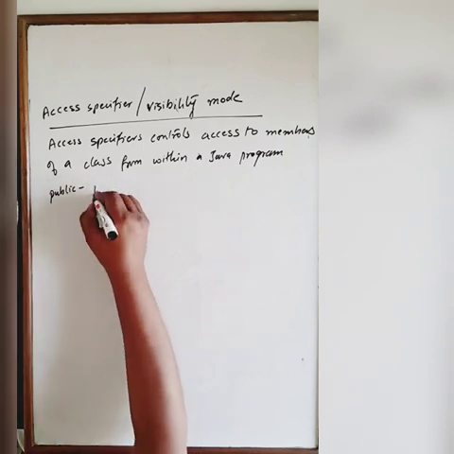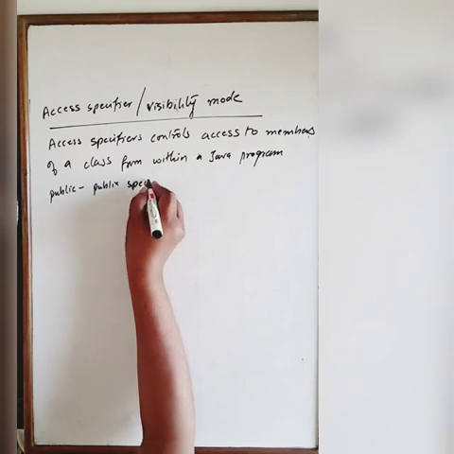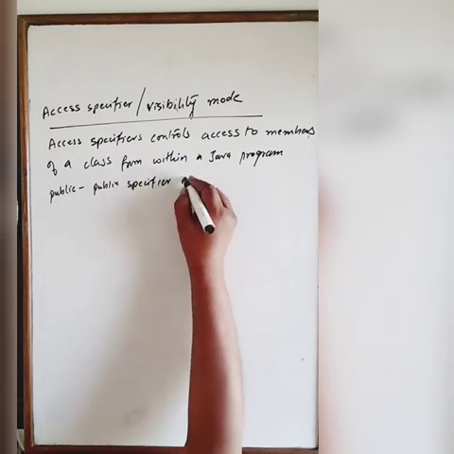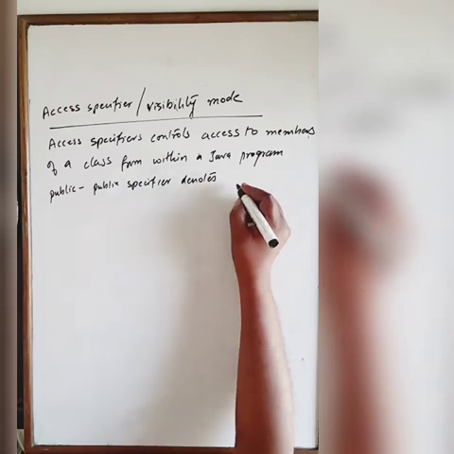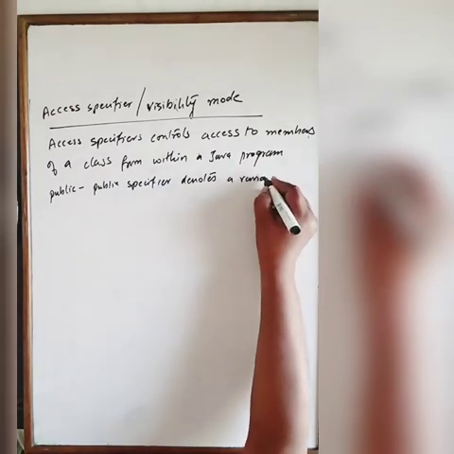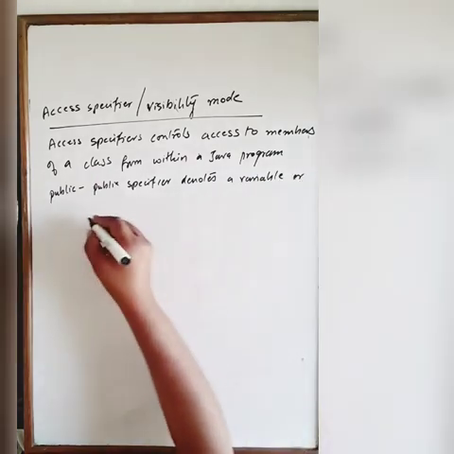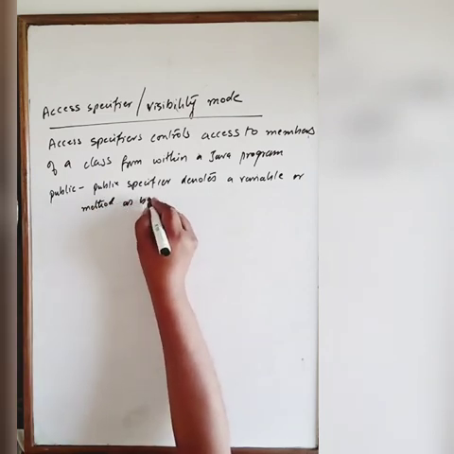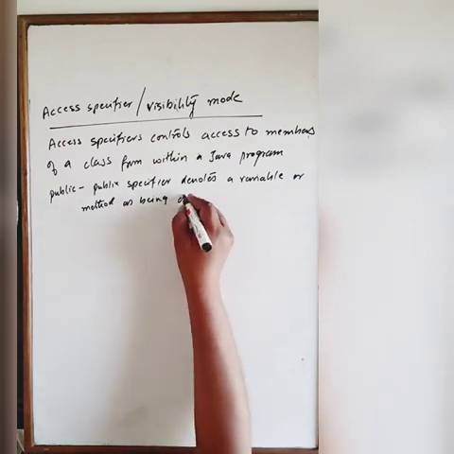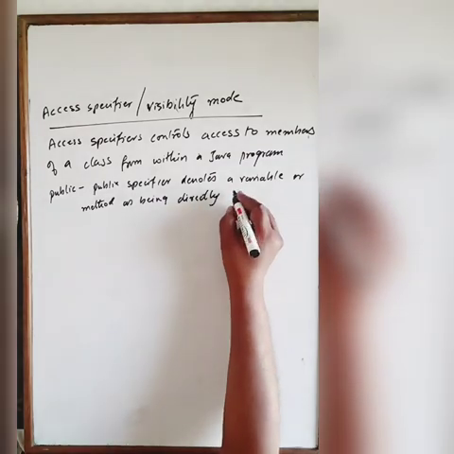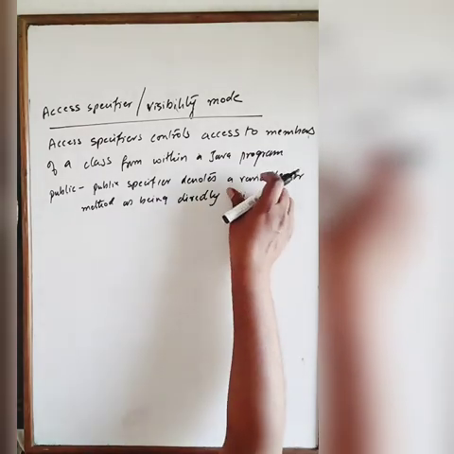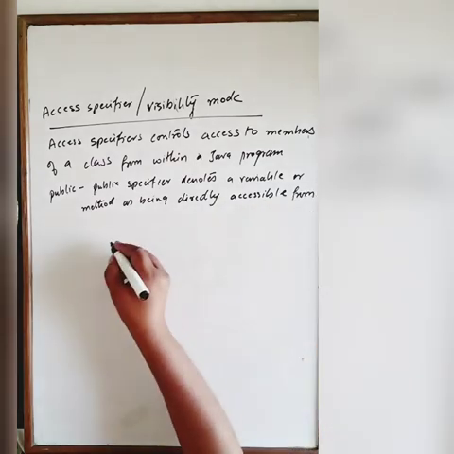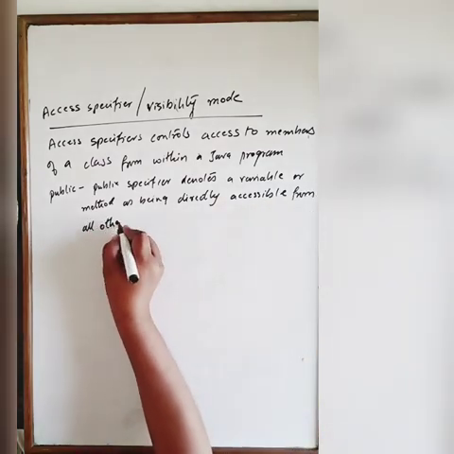The public specifier denotes a variable or method as being directly accessible from all other classes.